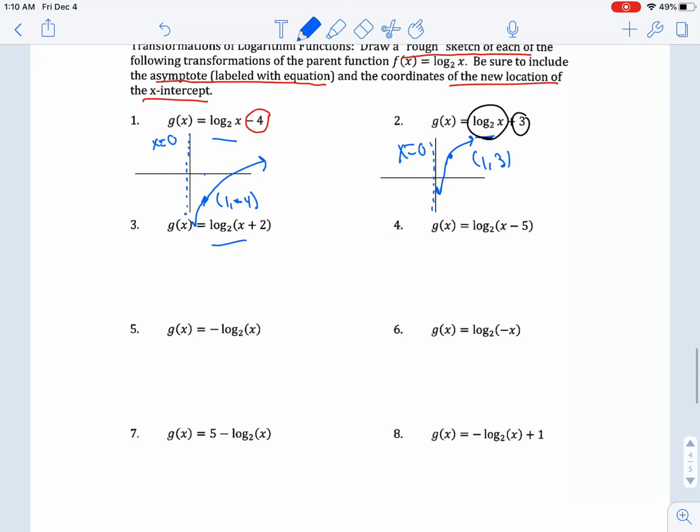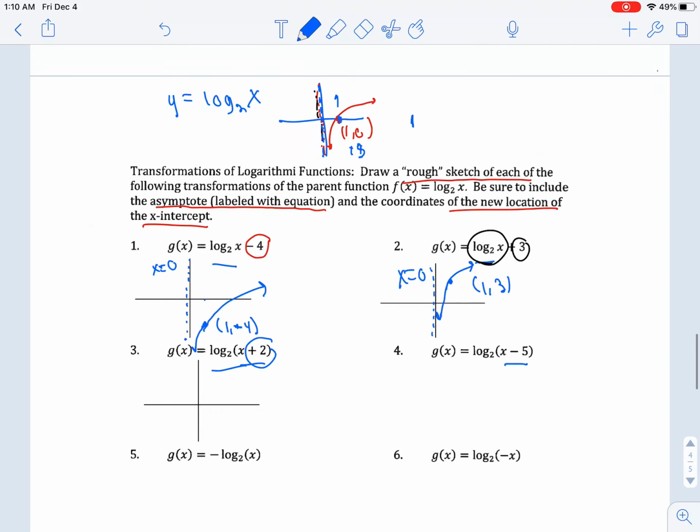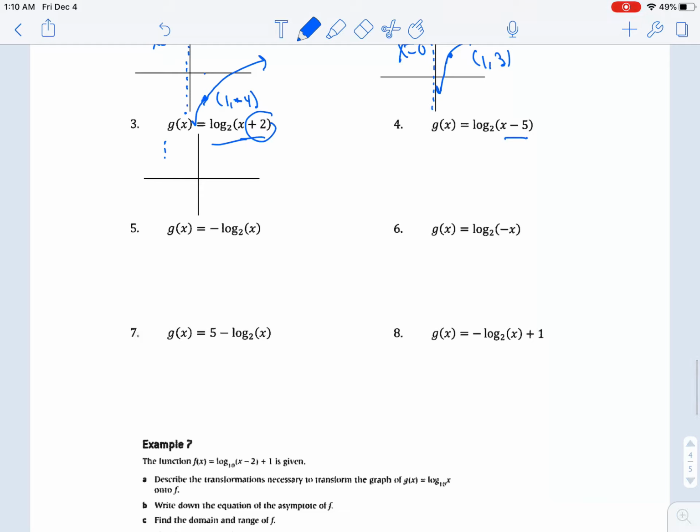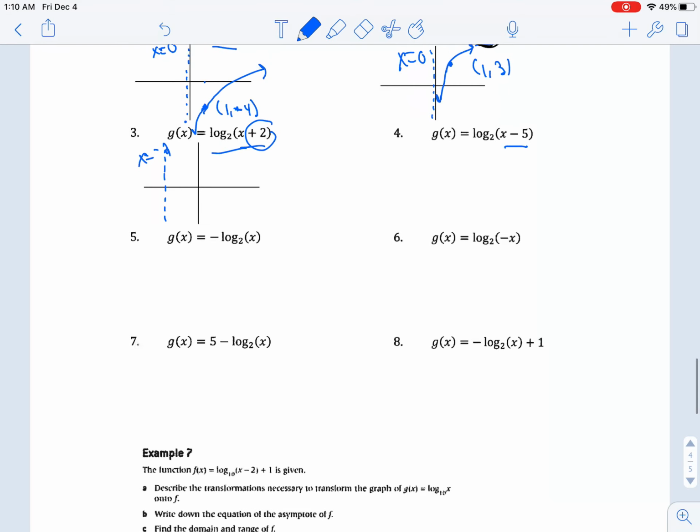The next two, notice that these are inside changes, all right, x plus 2 and x minus 5, and so that means it's going to move it horizontally. This one moves to the left 2. So going back to our axes, the parent function has, of course, the asymptote here. That's going to move to the left 2 units. So now the asymptote is going to be x equals negative 2.